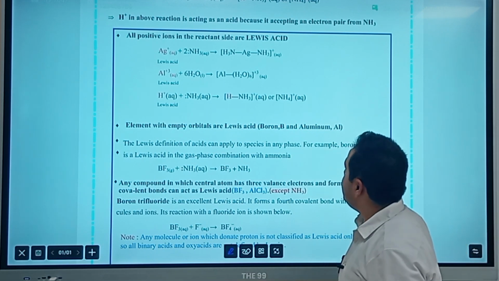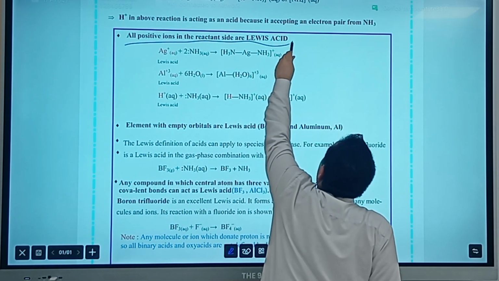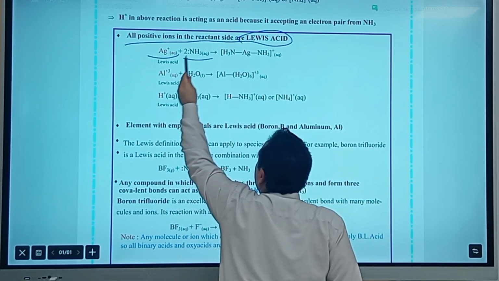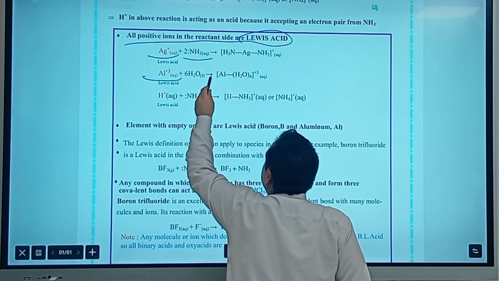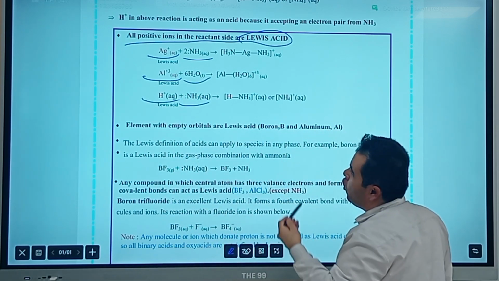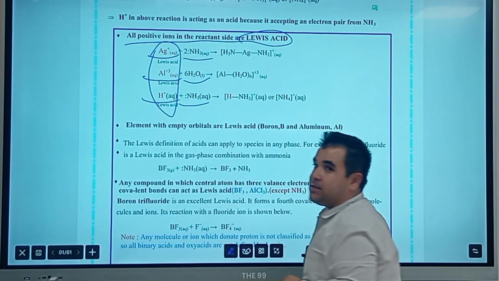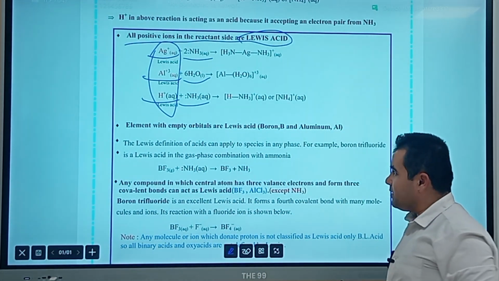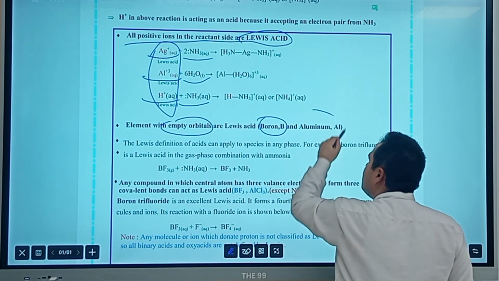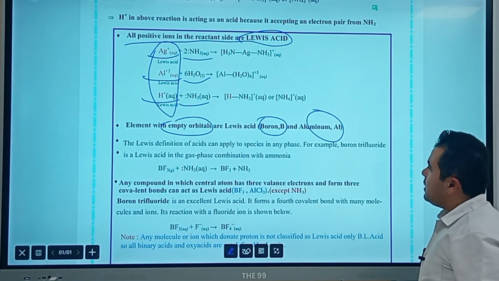All positive ions in the reactants are Lewis acids, like Ag positive with ammonia, aluminum positive 3 with H2O, and proton with ammonia. So all of these positive ions are Lewis acids. Second, elements with empty orbitals like boron and aluminum are also Lewis acids.